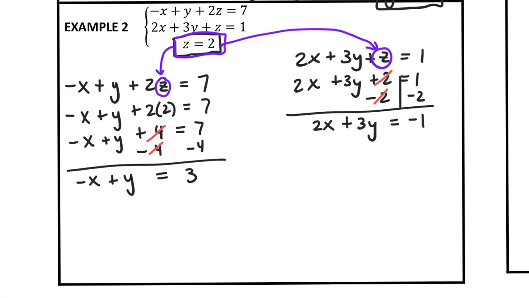Okay. One thing we can see is, for example, I have a positive 2x and a negative x. What can I multiply negative x by to have it match this 2? Right. I can multiply by 2.